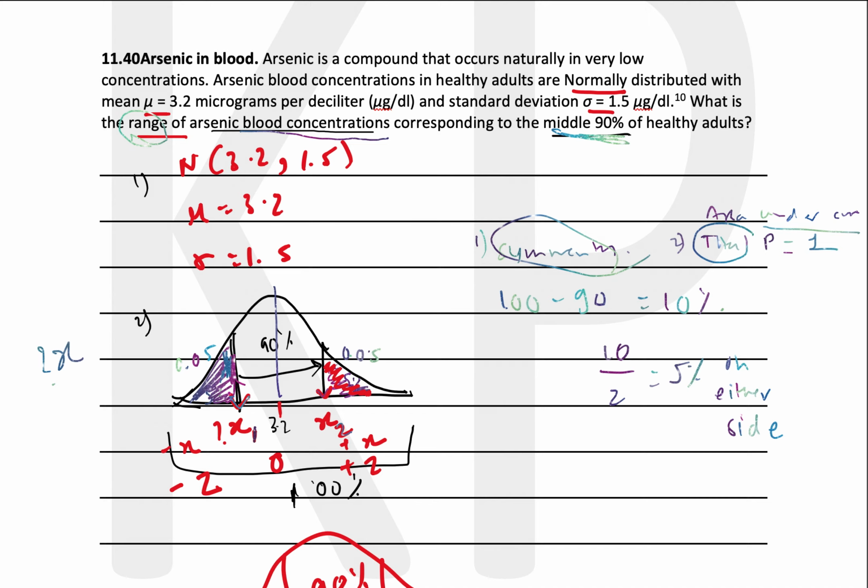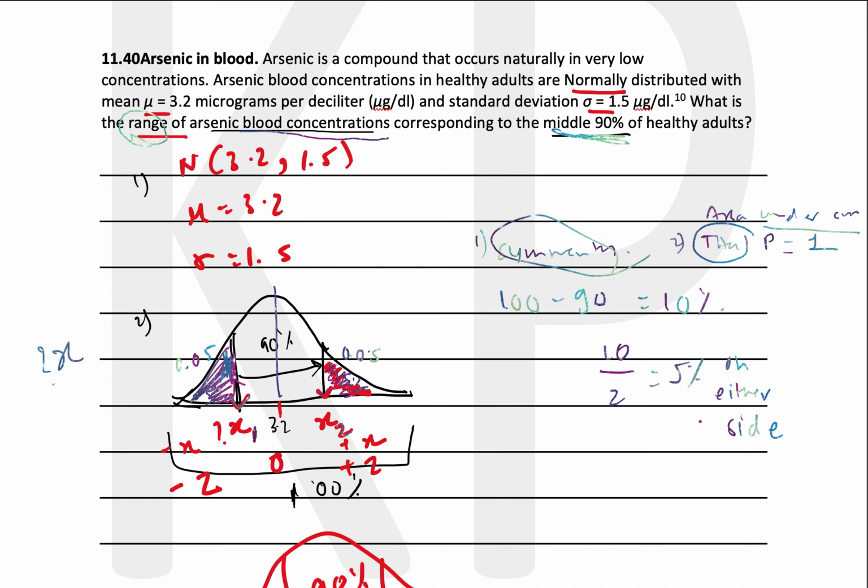That's this plus this shaded area together. But by symmetry, since the lower 5% and upper 5% together constitute 10%, and this is symmetrical data, we can simply take half of the remaining 10%, which gives us 5% on either side of this middle 90%.